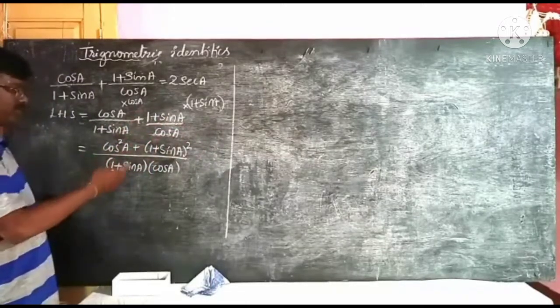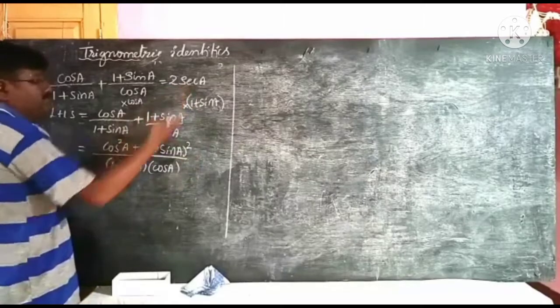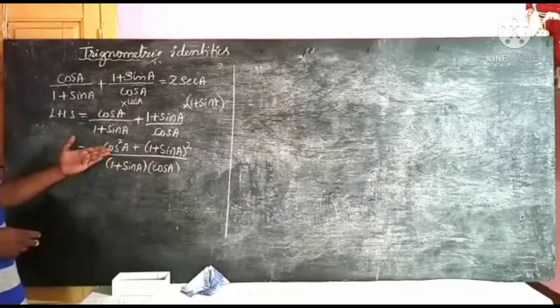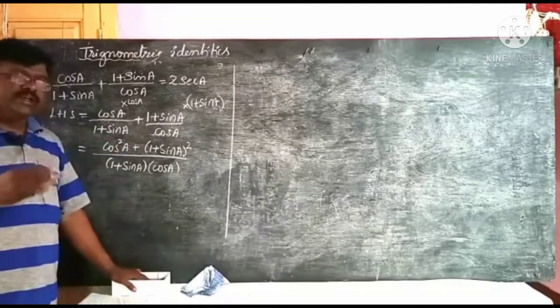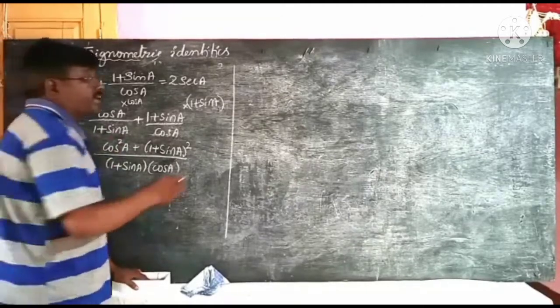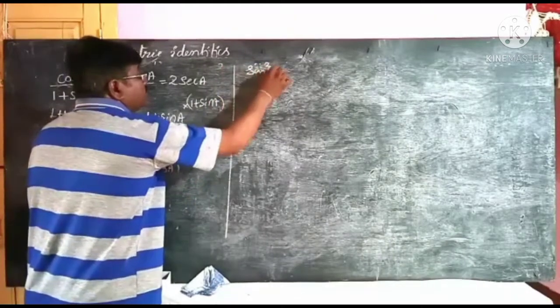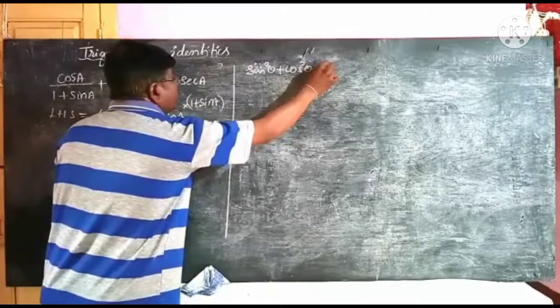For cos square A, we are using this one. Whether we are obtaining secant A or not, we don't know. So cos square A can be written using a trigonometric identity: sin square theta plus cos square theta is equal to what? 1, you know that.